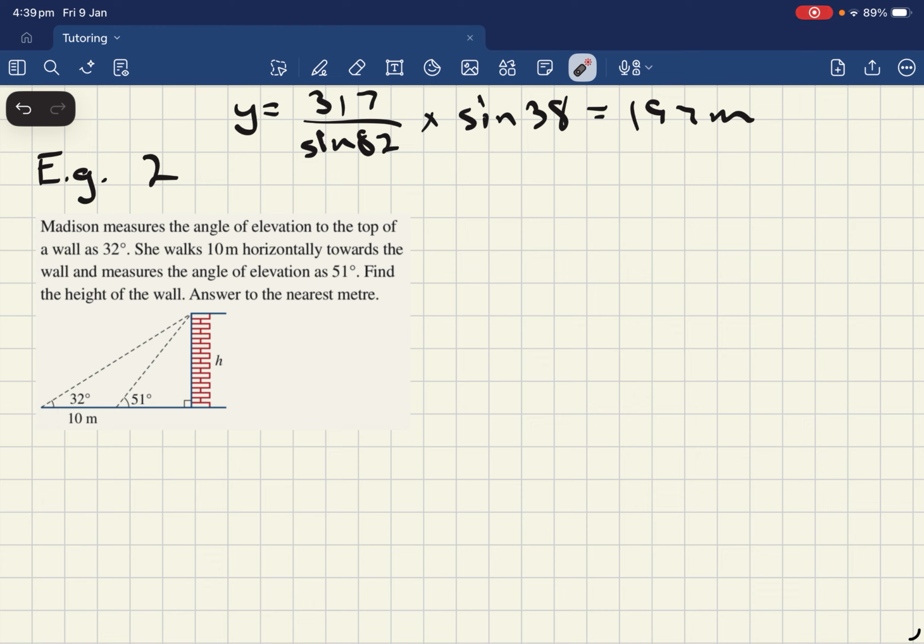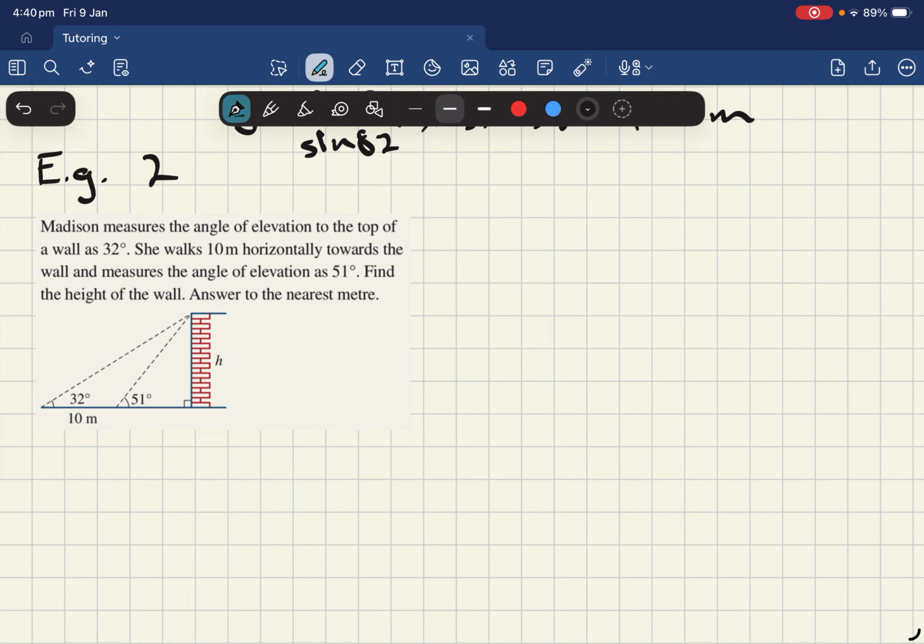One thing that we can use though, is the fact that this is 51 degrees to find this angle here, because they're supplementary angles. So this angle in here, we can get by doing 180 minus 51. Once we do that, that will give us the angle which will allow us to use some non-right angle trigonometry.